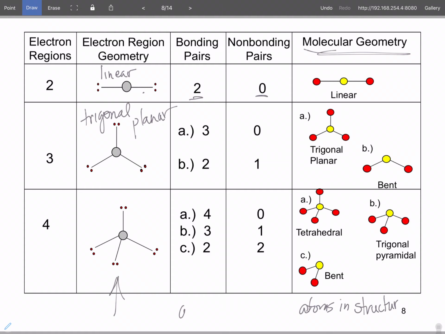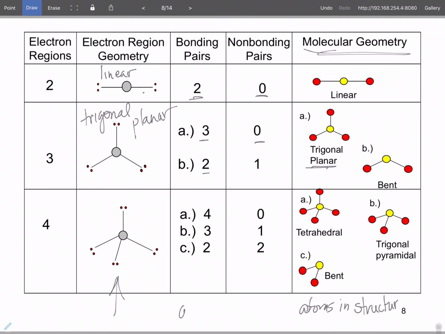And so we can have, if we were to have 2 bonding pairs, one bonding pair and 2 non-bonding pairs, then you end up with a linear, and you can't have that. But if you have 3 bonding pairs and 0 non-bonding pairs, then you're still going to be trigonal planar.